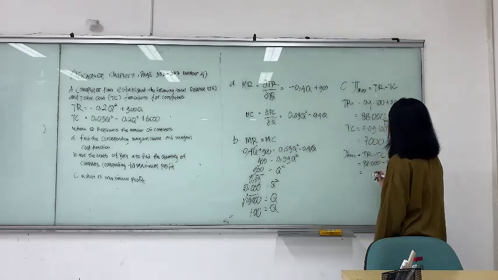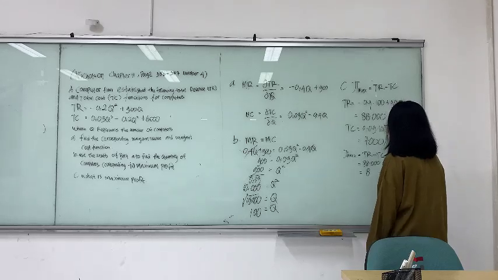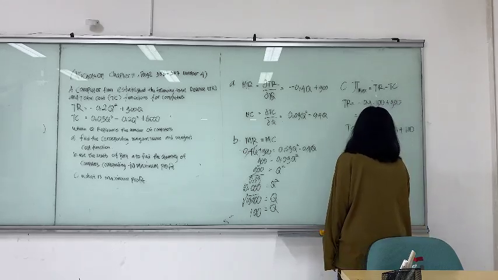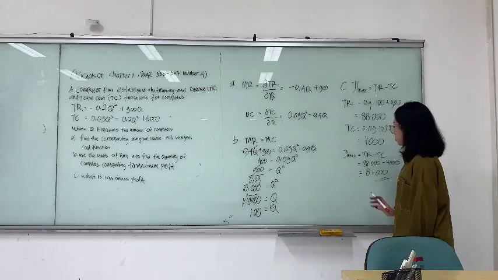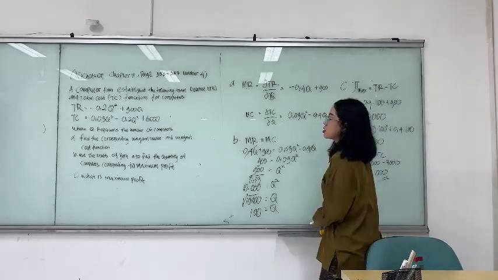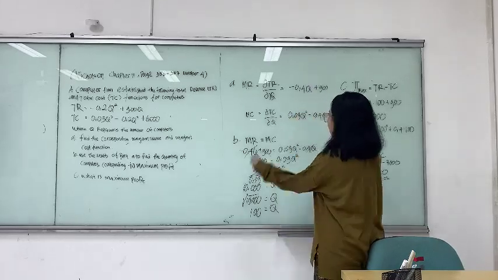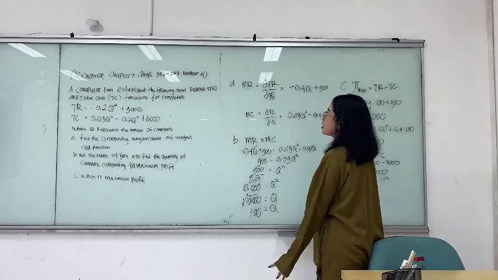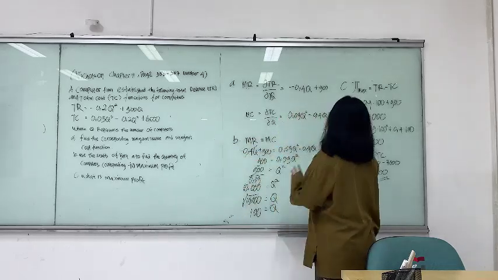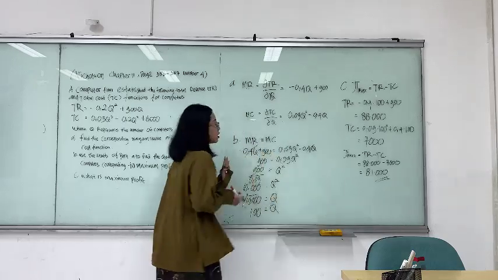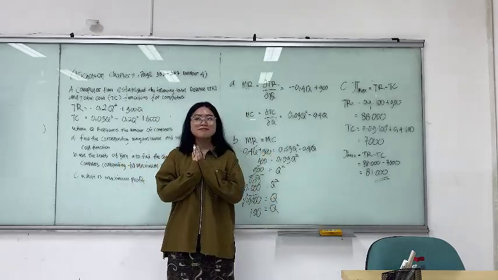So the result is 8,000. So this is the step to find the equation from number 4. Okay, so this is the result. Thank you.